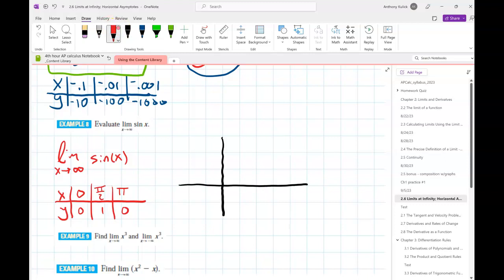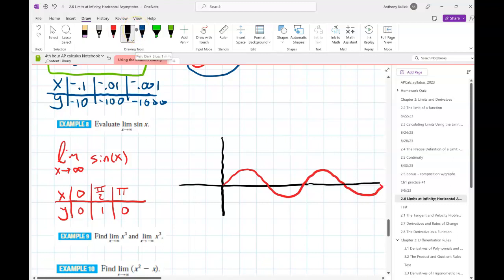So we know what the graph of sine looks like, right? Does it approach anything? Great question. So is it approaching anything? Not really, no, because it's always going to just be oscillating between -1 and +1.